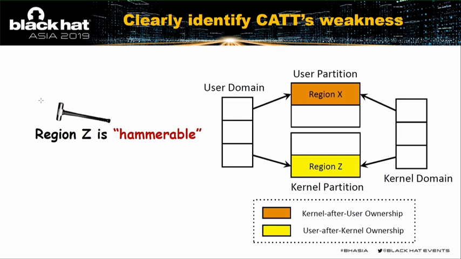For this model, we have 2 types of double ownership: the first is kernel after user, and the second is user after kernel. Region Z refers to a kernel memory region that is initially owned by the kernel domain, and then the user domain joins the ownership. This region Z is what an adversary is interested in identifying.